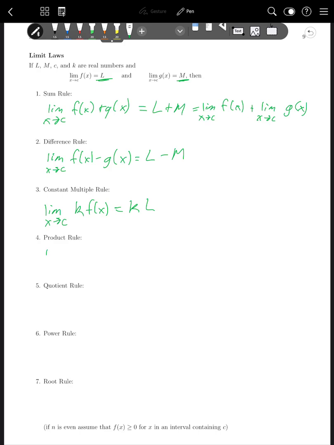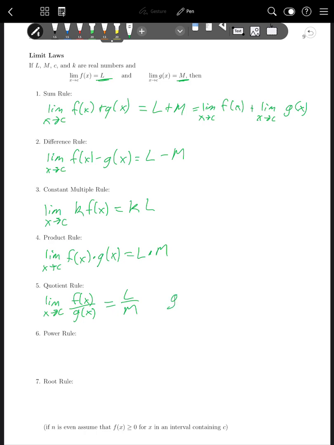The product rule says that the limit of the product of 2 functions is just the product of their 2 limits. The quotient rule works the same way. It's just L divided by M.